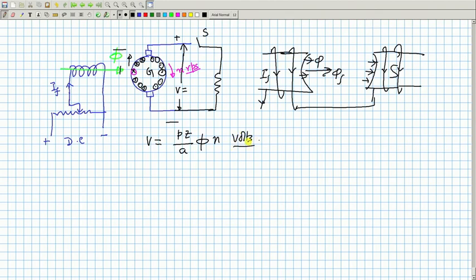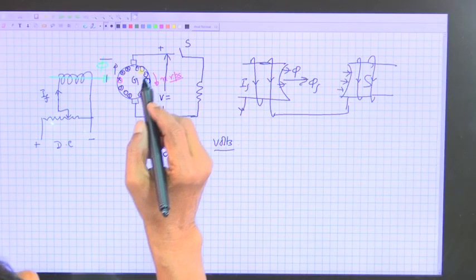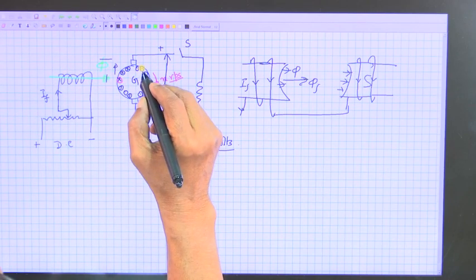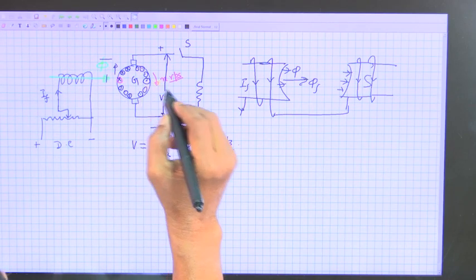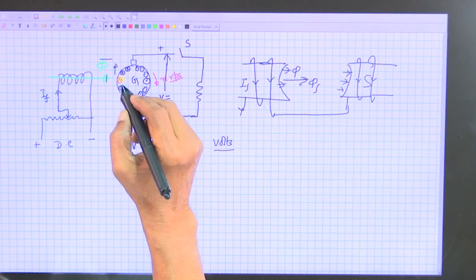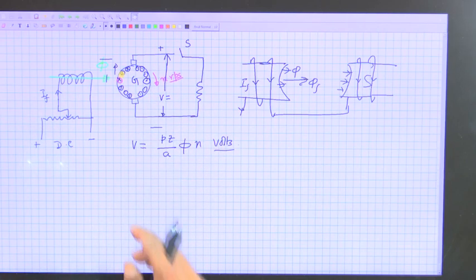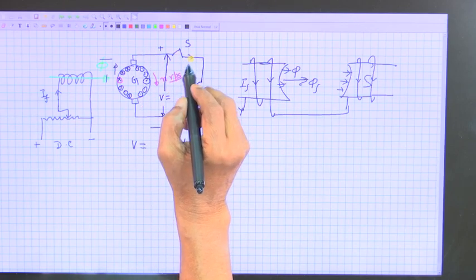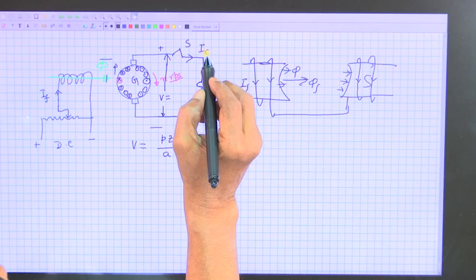What will be the armature current? Armature current is 0. This cross and dot here shows the polarity of the induced voltage. These are all dot on this side under the south pole, and these are all cross. But it will drive a current; if the switch is closed, it will deliver an external current I A.